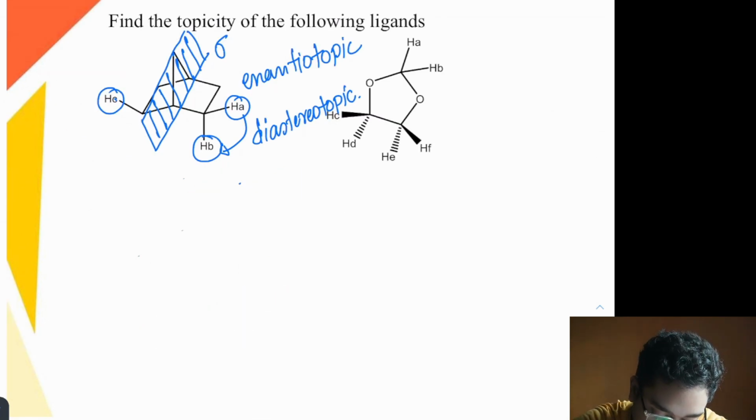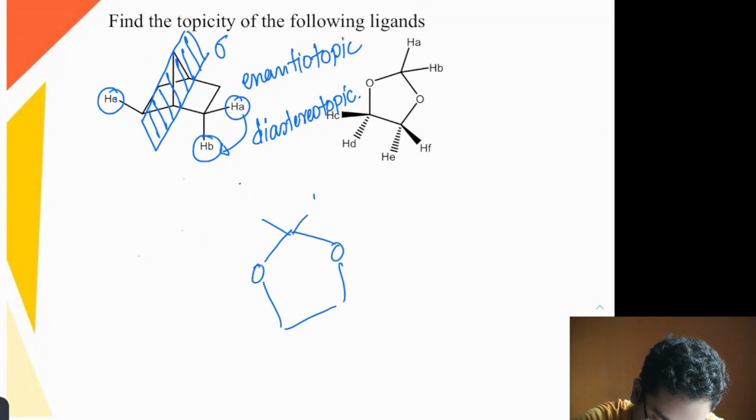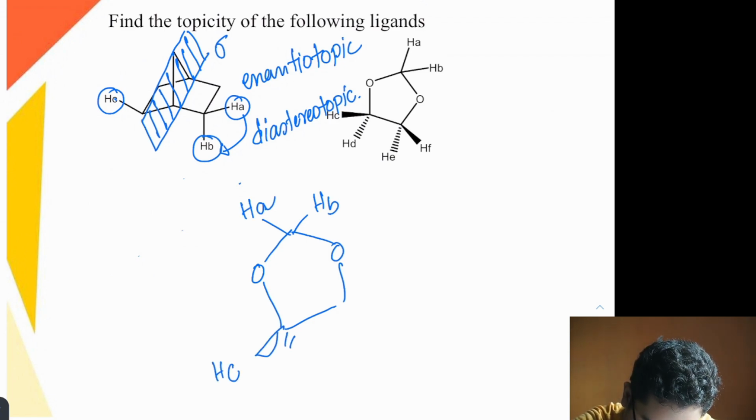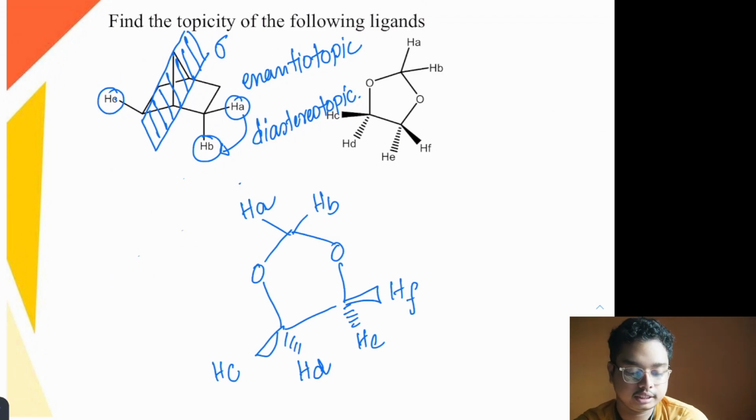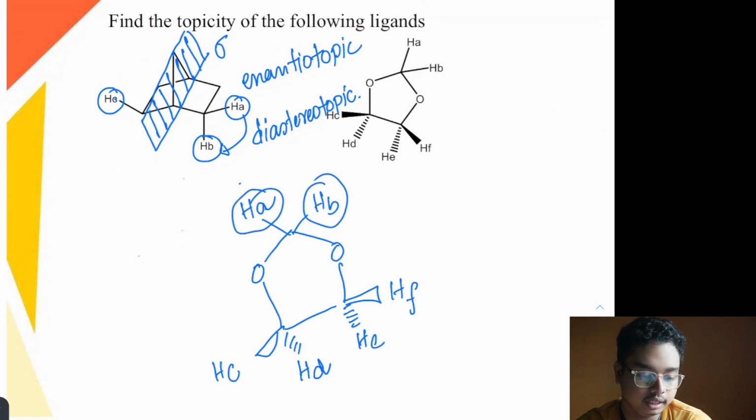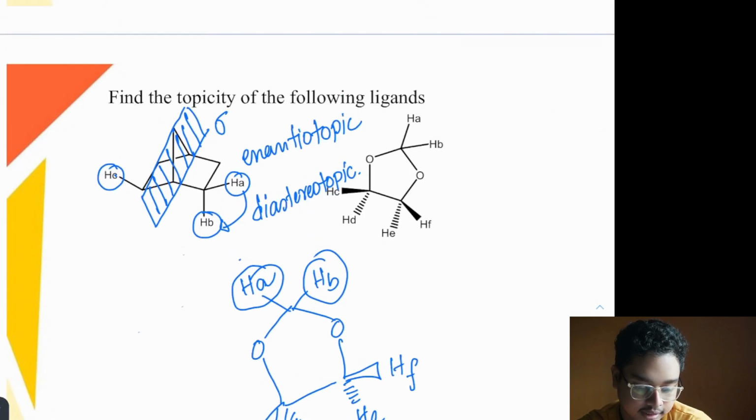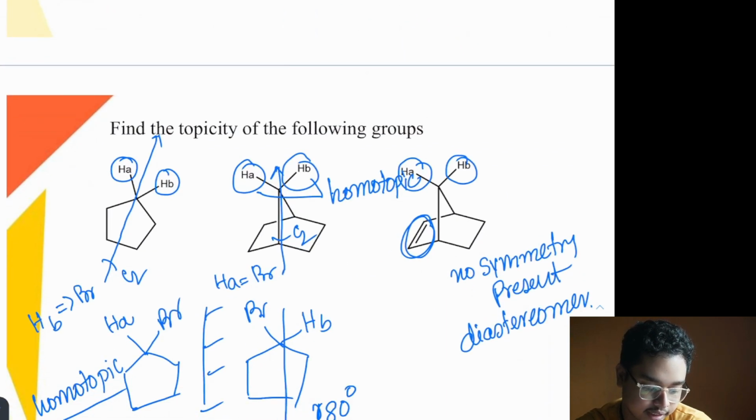Next question. For the next question, see these two, HA and HB, are homotopic in nature because if you see the skeleton, this skeleton is simple like this particular skeleton.